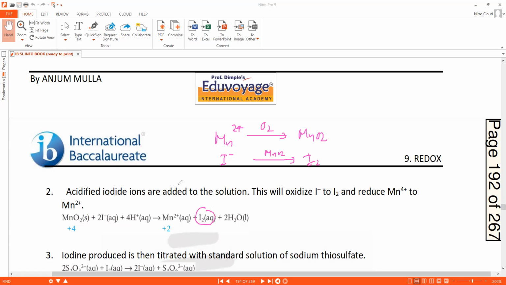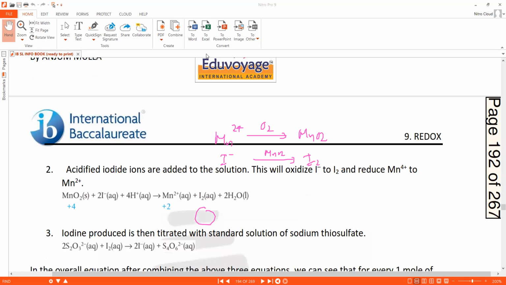Now this iodine is titrated with sodium thiosulfate. Sodium thiosulfate is in the burette, and the iodine solution that you get in step 2, along with the other ingredients, is in the conical flask.